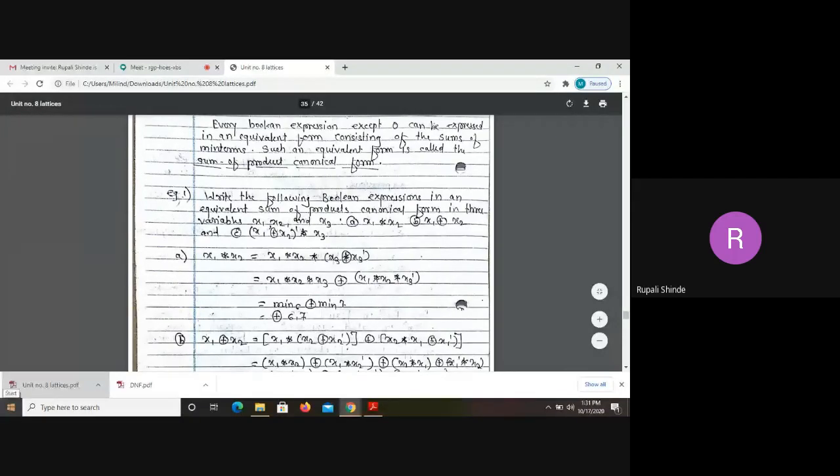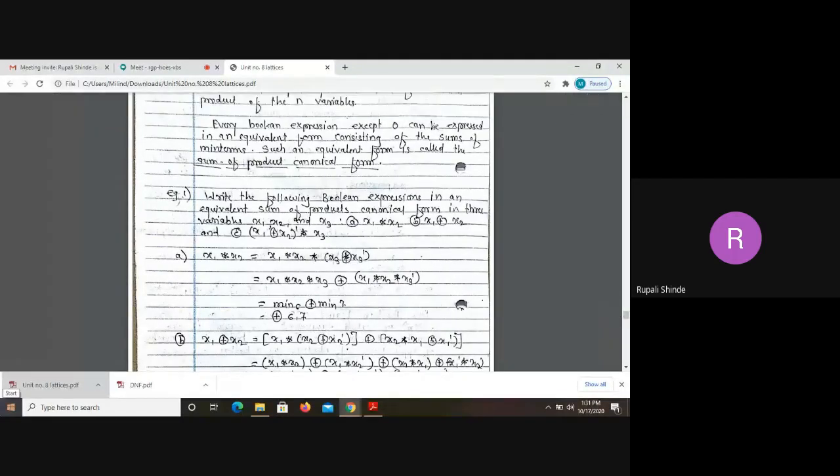Now we are going to see how to solve examples based on it. So check here, what question have they asked? Write the following Boolean expressions in an equivalent sum of product canonical form in three variables x1, x2 and x3.